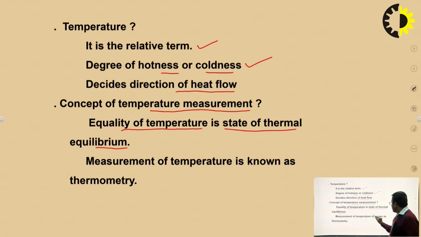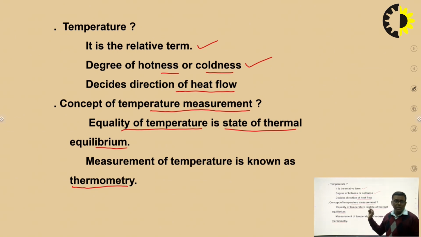The tool which we use is the thermometer, and the science behind it is thermometry. That science includes the selection of the property we are going to utilize for temperature measurement, and which scale we are going to use. We all know different temperature scales: Celsius, Fahrenheit and Kelvin.